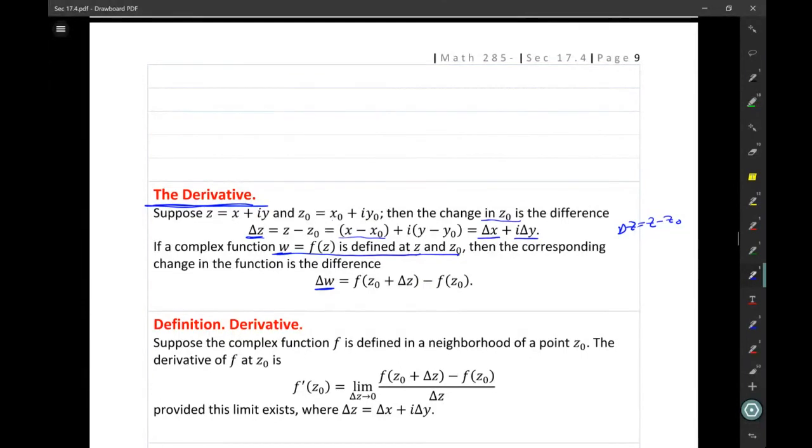This is delta w is equal f of z naught plus delta z minus f of z naught.